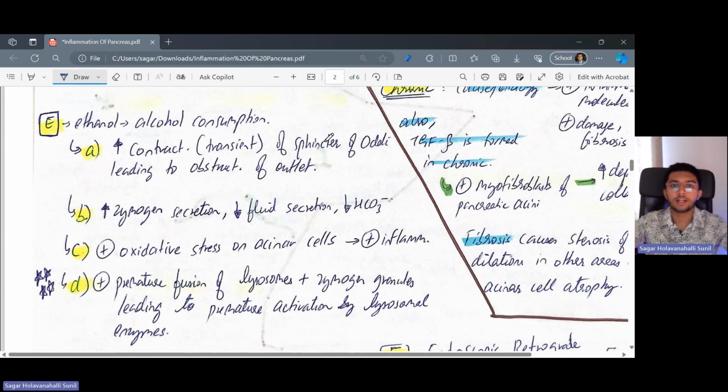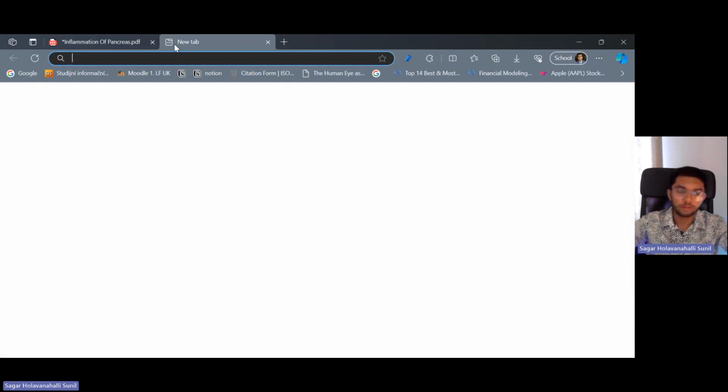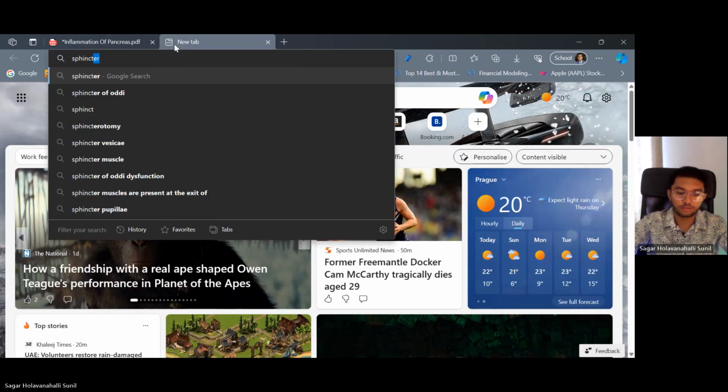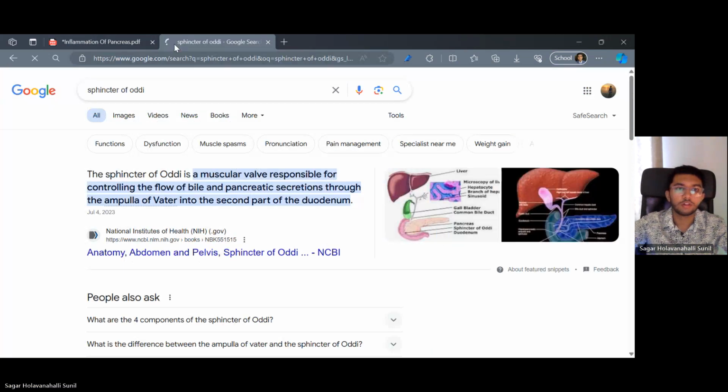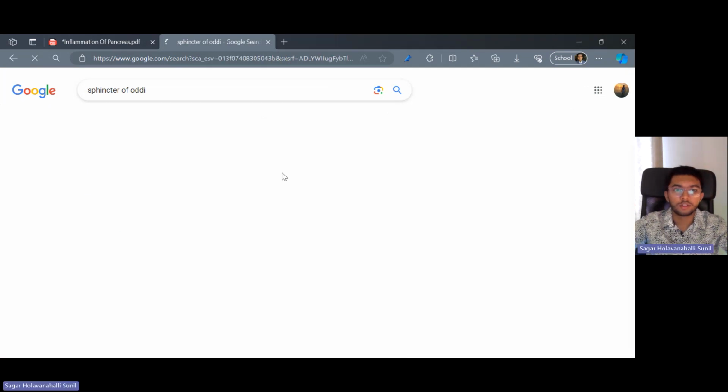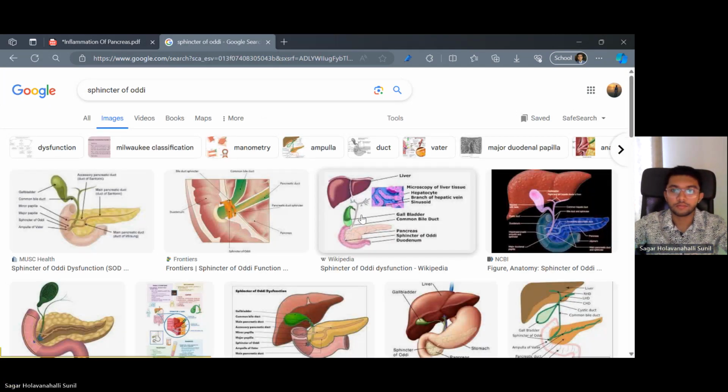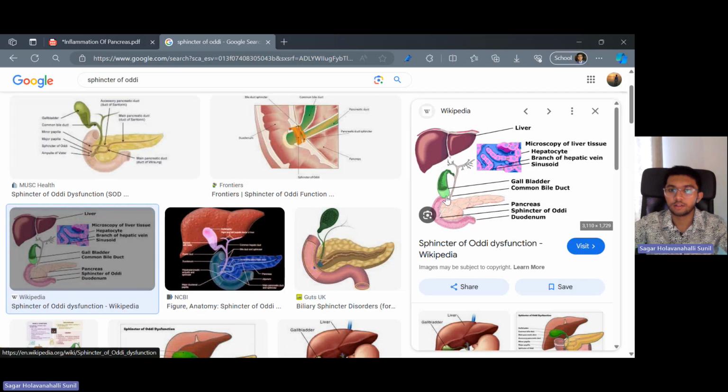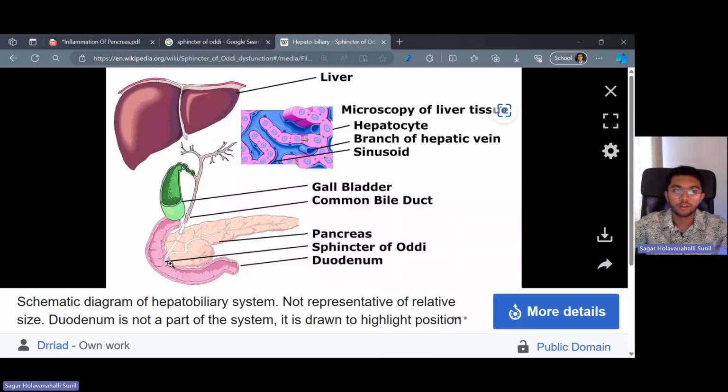So number one is the sphincter of Oddi. If you don't know, I can show it to you. If you look at this, you've got the common bile duct and the pancreatic duct.